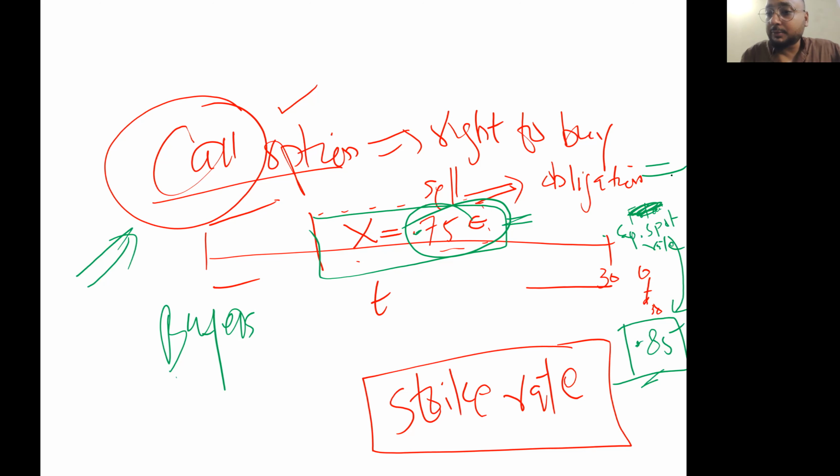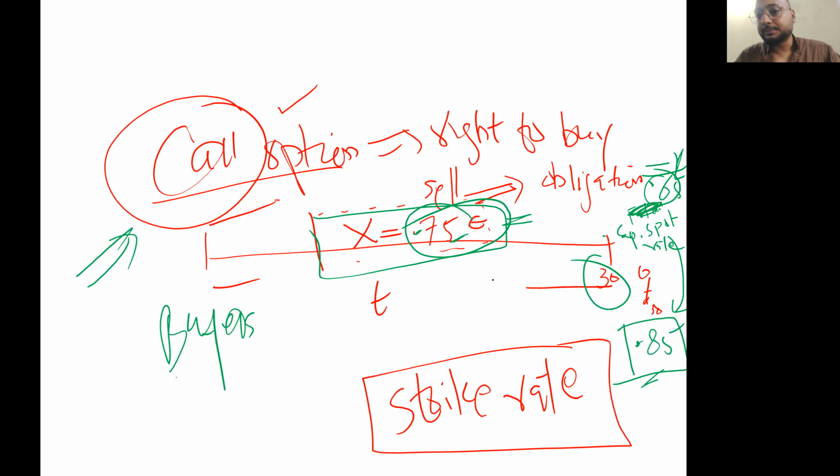If in the market it is 0.65, the buyer will say that, look, if I honor this contract, I would fulfill the contract at 0.75, which is expensive for me. If I buy from the market, it is cheaper, 0.65. So I will buy from the market, and he will just inform the seller, I don't want to buy from you.